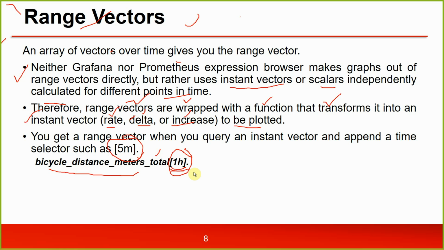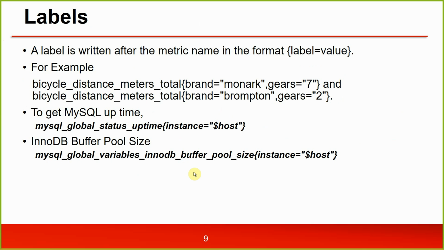It will be ever changing, so therefore I can plot a graph. To plot a graph, you need a range selection for an instant vector. That will help you in plotting the graph.